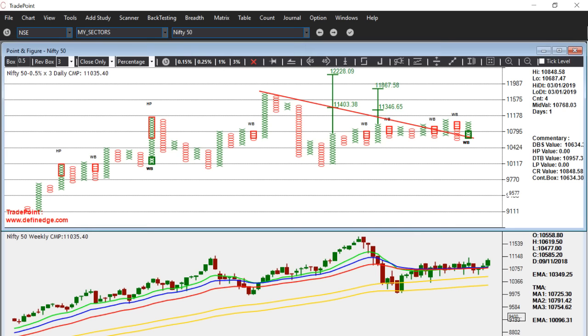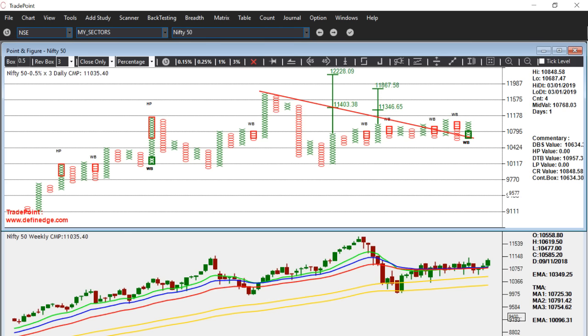So here we see the point and figure chart of Nifty 50, and below we have a weekly chart of candlestick patterns on Nifty 50. Here we see whenever a pullback or correction happens in Nifty 50, the support is taken at the EMA 89, and again the trend resumes.